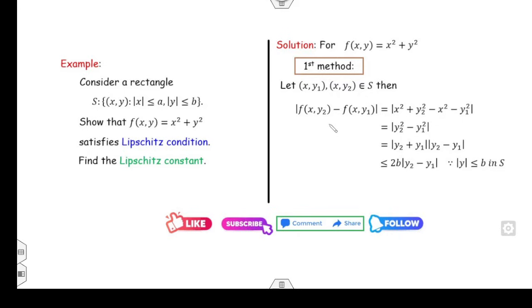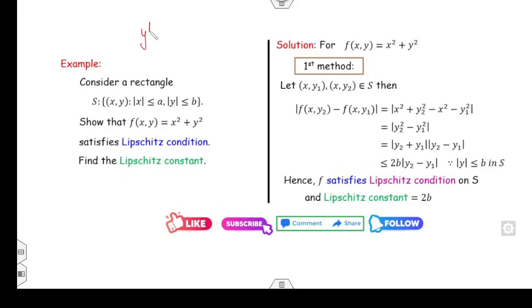Now you can see by the definition, f satisfies my Lipschitz condition, and this 2b is my Lipschitz constant. And what does it mean that the Lipschitz condition is satisfied? Whenever you have the differential equation over the rectangle, it will provide you the unique solution.